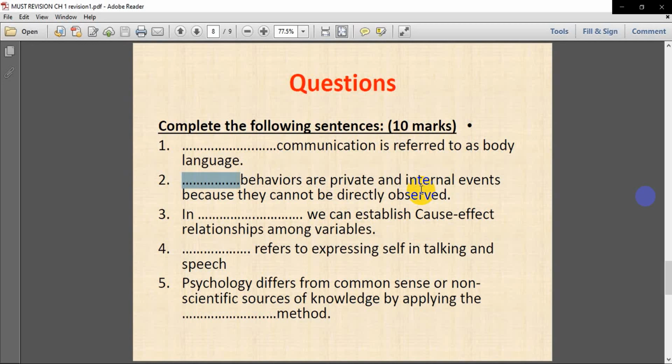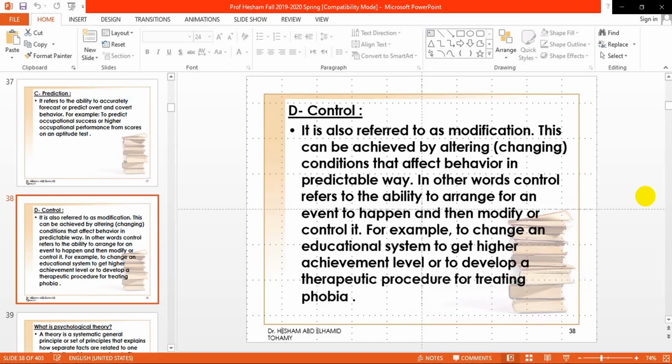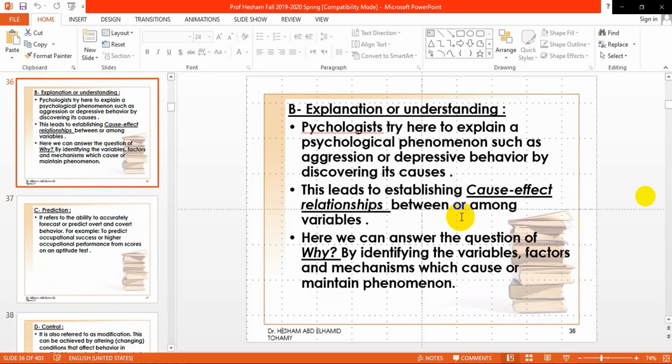In we can establish a cause-effect relationship. I'm sure you will be able now to complete this sentence. In explanation or understanding, we can answer the question of why and we can answer the cause-effect relationship. This is explanation or understanding.